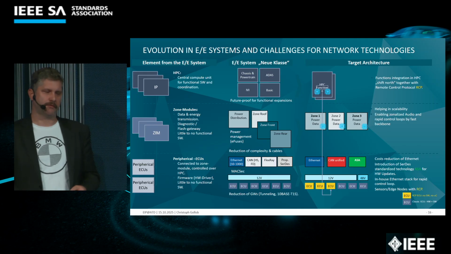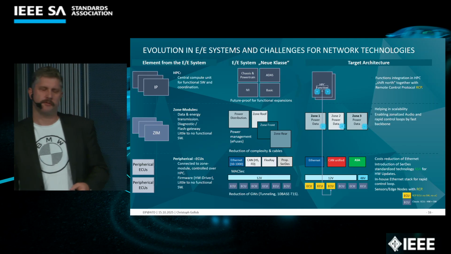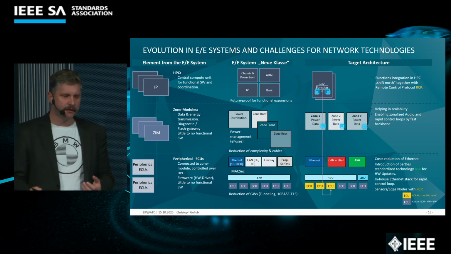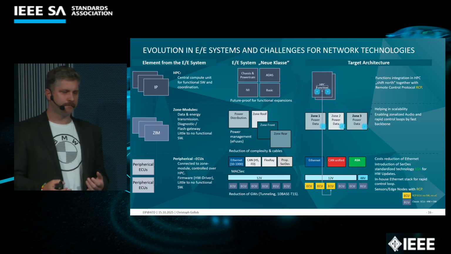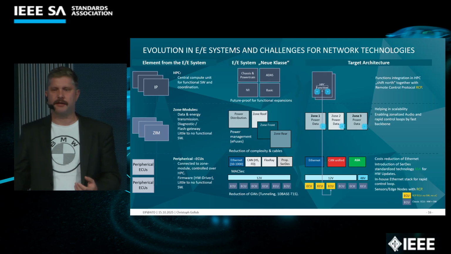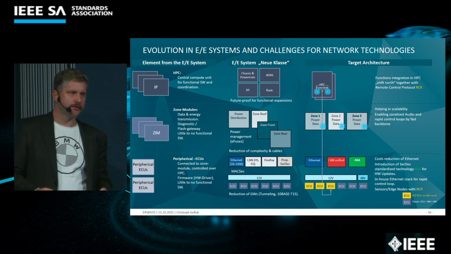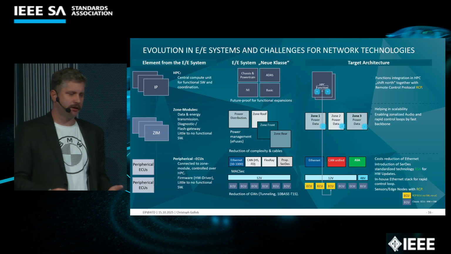Where do we want to head? We are happy with our superbrains. Just make them probably less, but more intelligent. We are happy with having zones. They help us in scalability, the scalability issue I told you in the beginning of the presentation. And we go to a more simplified approach on how we transport data.